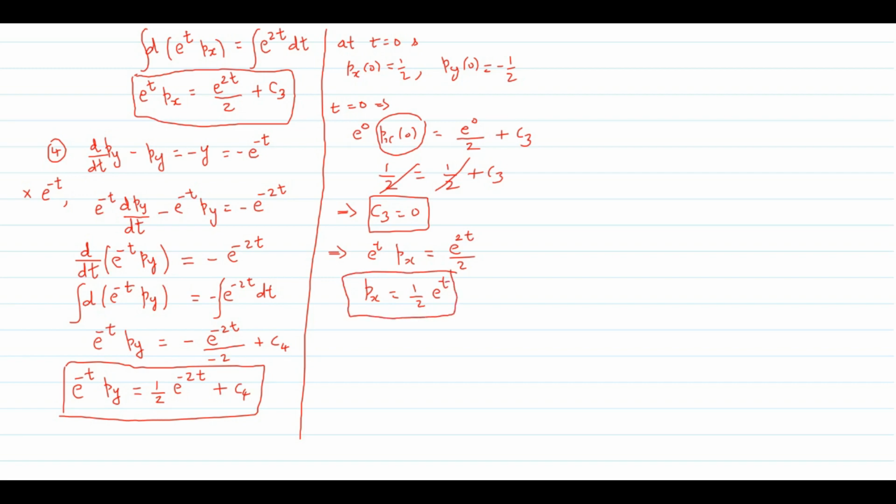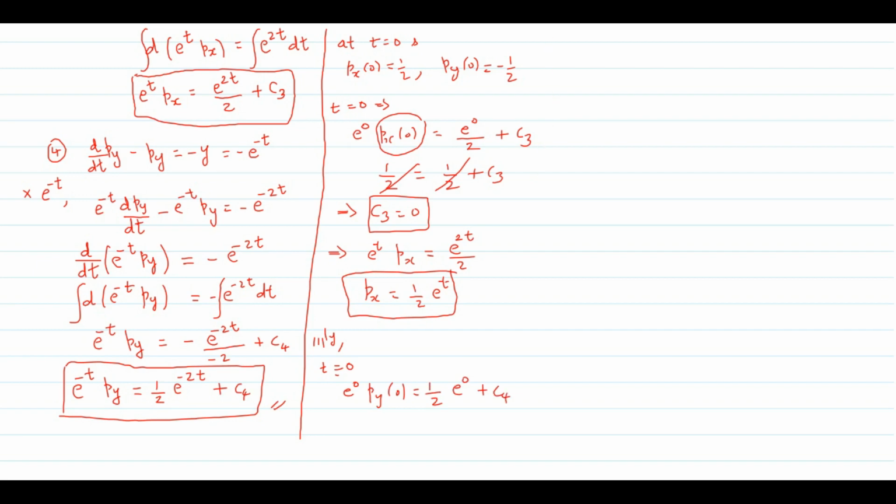This is for p x. Similarly, let us put the initial condition for the other expression. When I put t equal to 0, e power 0 p y of 0 is equal to half e power 0 plus c4.